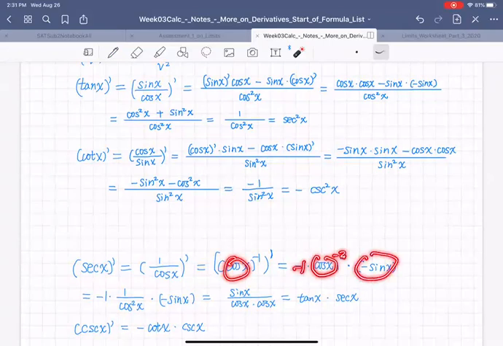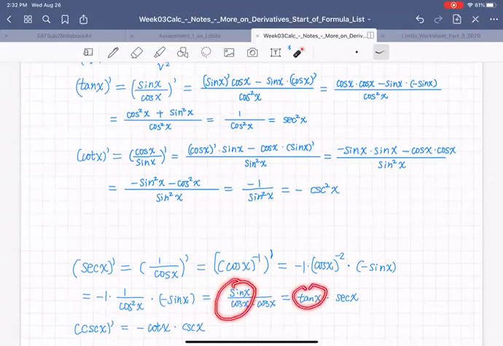You cannot forget about this part. Then the negative becomes positive, and this becomes sine x over cosine squared x. Sine over cosine is tangent, and 1 over cosine is secant. That's it.